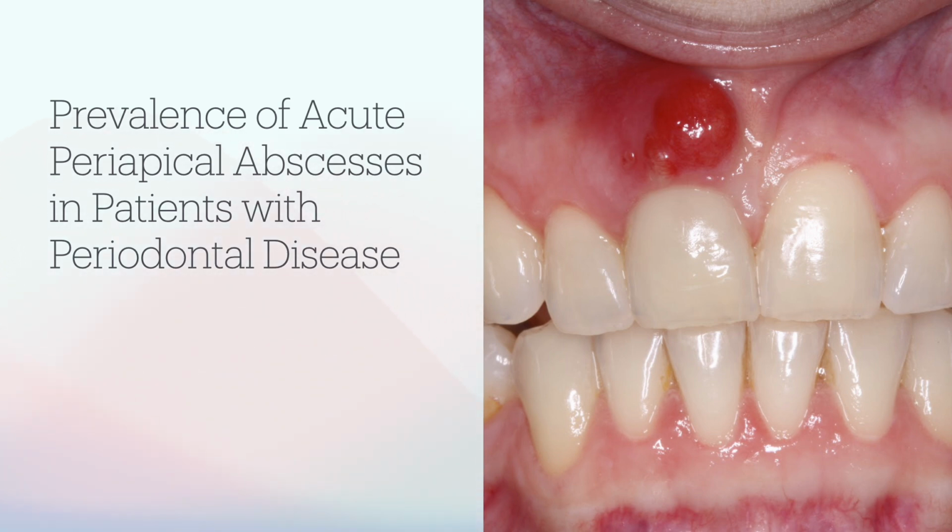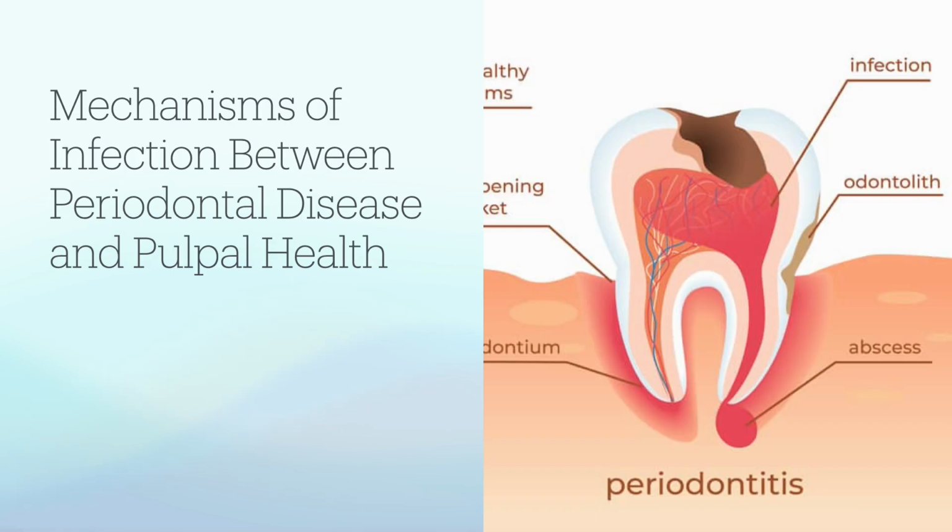Now that we understand the prevalence, let's examine the underlying mechanisms that contribute to this alarming trend. The pathways for infection between the periodontal tissues and the dental pulp are crucial to understanding this relationship.